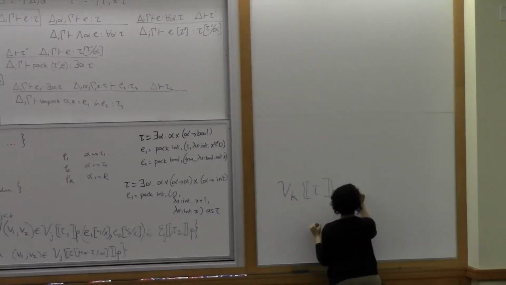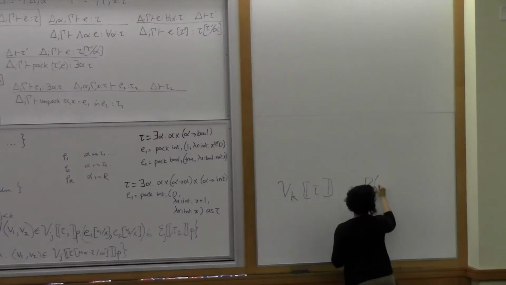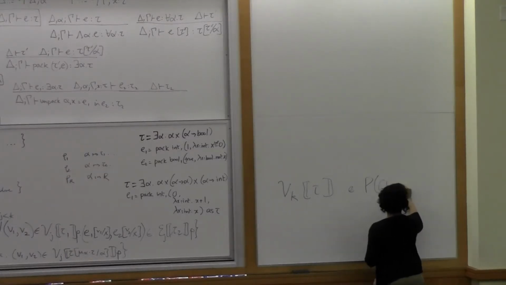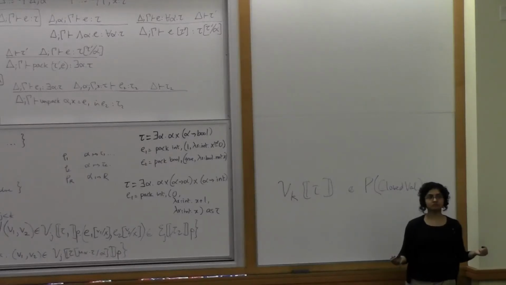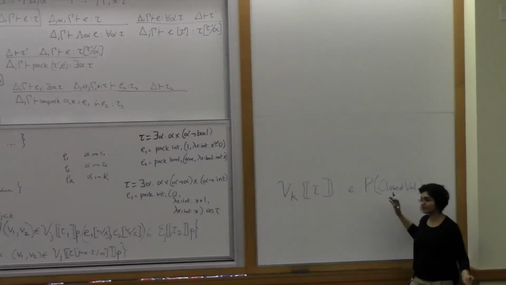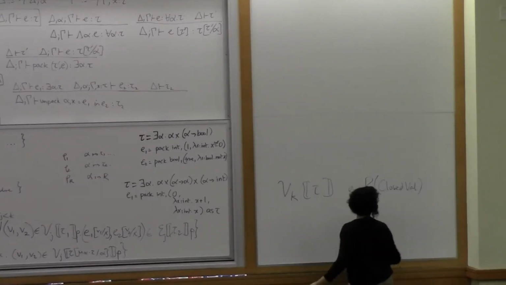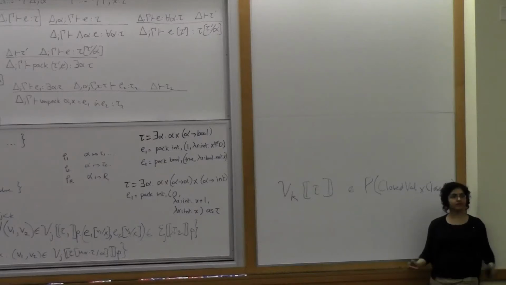Yesterday this was basically a member of the power set of closed values, because it was a set of closed values. Today we're doing relations, so we want that.